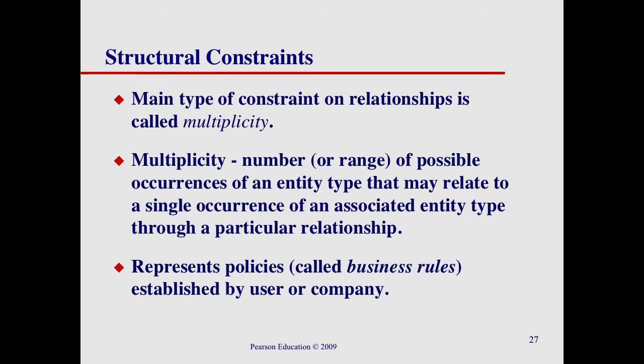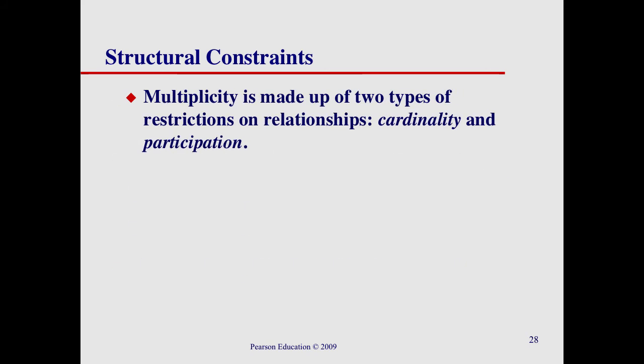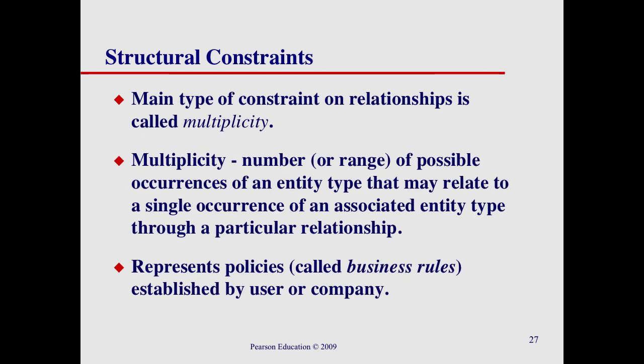So in the ER diagrams, we talk about those so-called business constraints as structural constraints. And the main type of constraint we talk about is multiplicity, which is the range of possible occurrences of an entity type. So for example, a staff member can manage anywhere from 0 to 100 properties. So we call that the multiplicity, and as I said, that represents the policies or business rules established by the company.